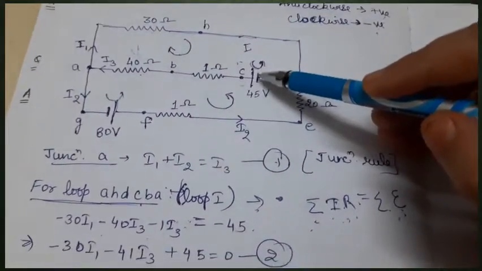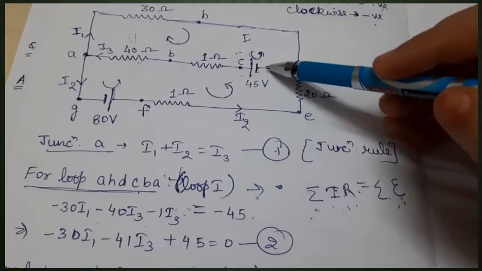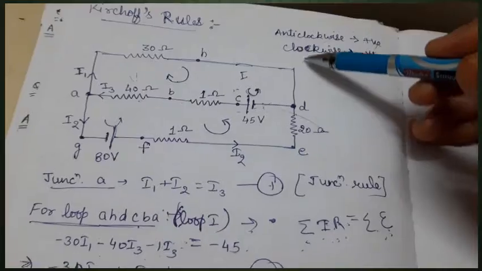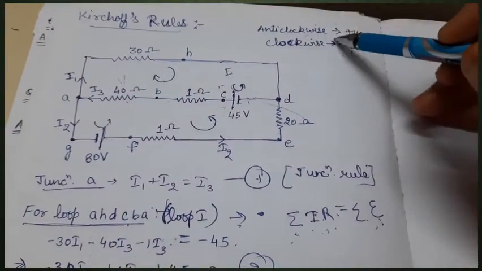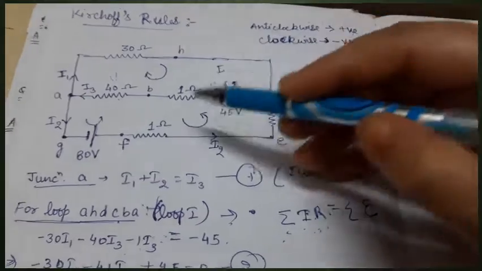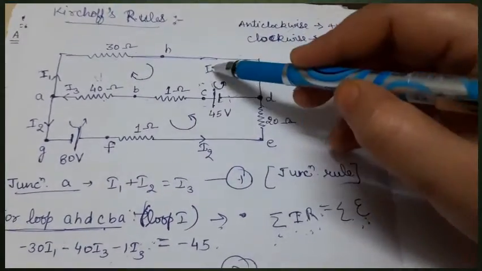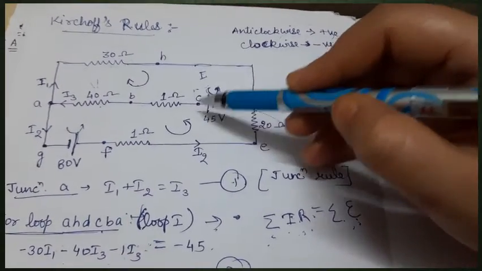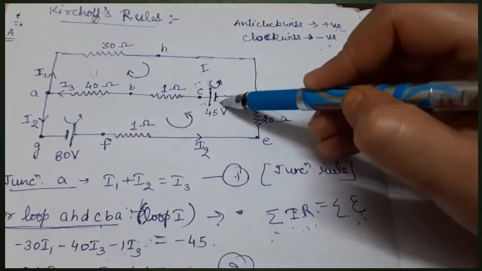Now how to find out what will be the sign on the EMF, positive or negative? For that we have to consider the conventional positive direction that we have taken, which is anti-clockwise in this case. We check that in this particular loop first, this conventional anti-clockwise direction of current goes from positive to negative terminal of the battery.